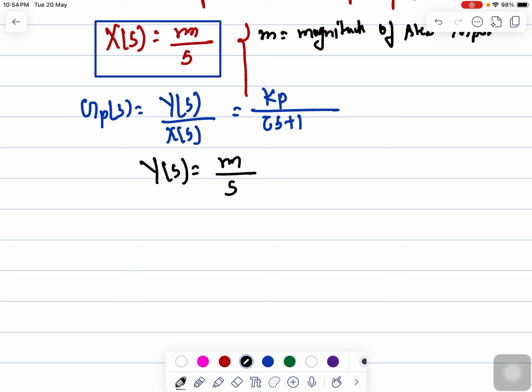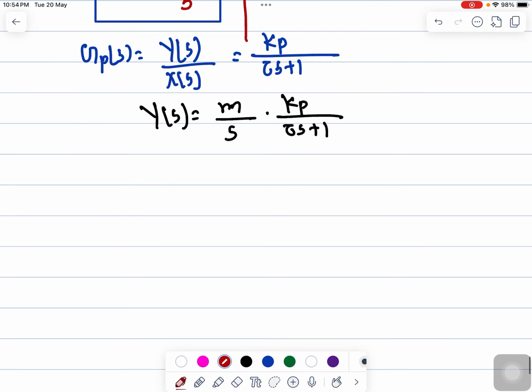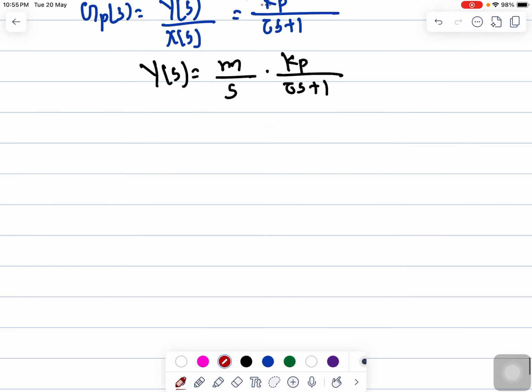Now if I want to convert this from the s domain to the t domain, I'll be taking the inverse Laplace transform on both sides.